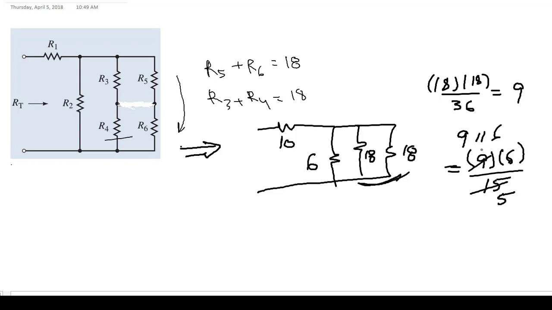So it is like 18 over 5, and this is around 3.6. So the total is 13.6, with a small difference between the two values.